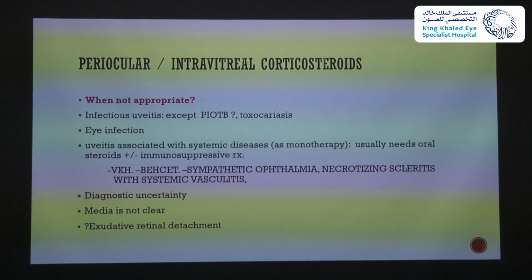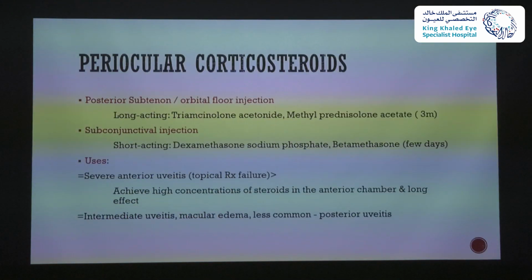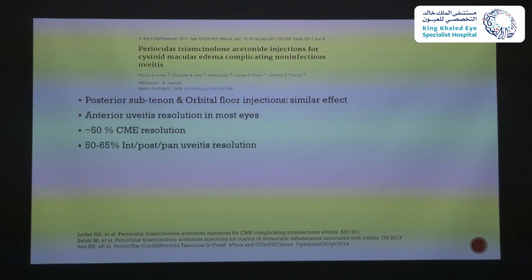And if there is diagnostic uncertainty because this might be infectious or masquerade uveitis, or if the media is not clear, it is also better to wait. And I don't know the rationale, I just found that it is also contraindicated in exudative retinal detachment. Some talk about posterior subtenon or orbital floor injection, but actually we are not doing this, so we can skip it.